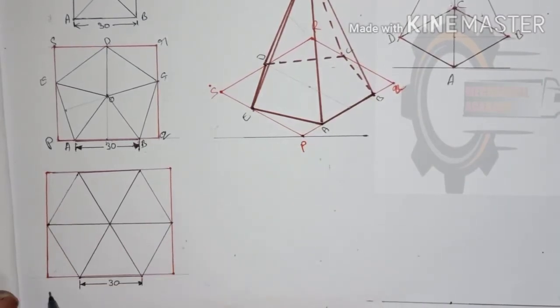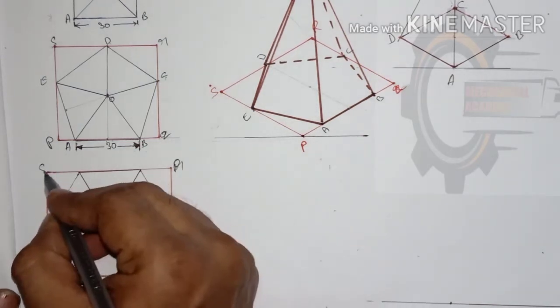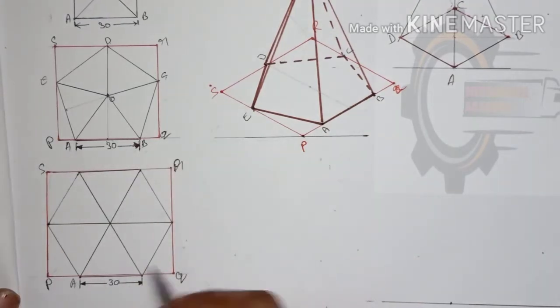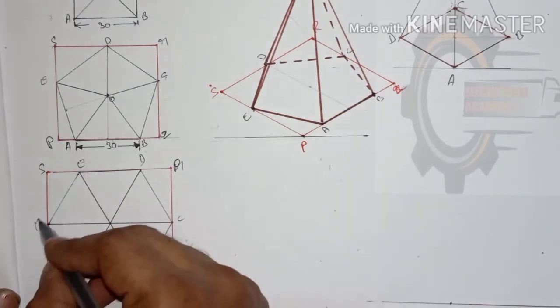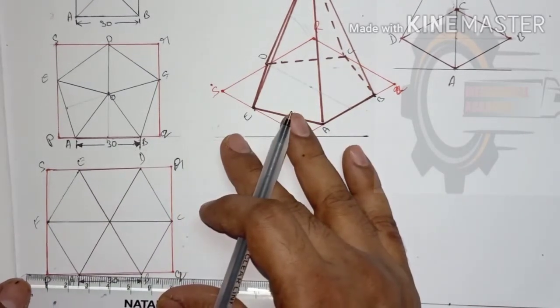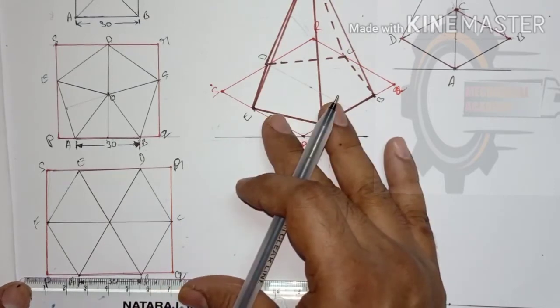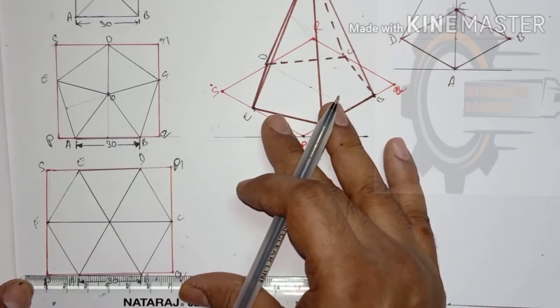Okay, so I will have to give the names P, Q, R, S. Okay, so here A, B, C, D, E and F. Okay, so first let me find the distance from P to A is 1.5.